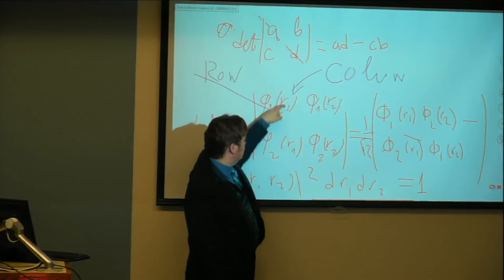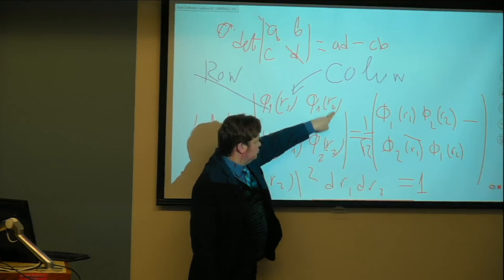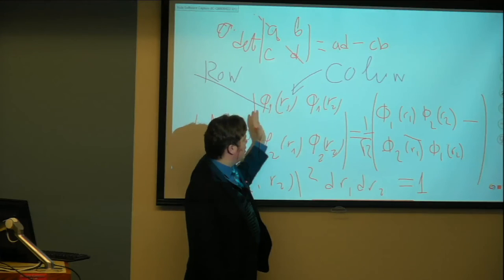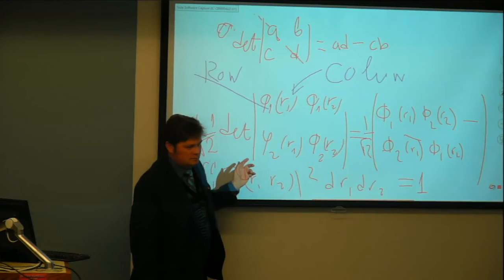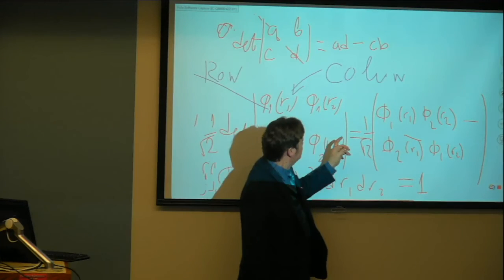The first electron, column 1, r1. Second electron, column 2, r2. And now let's apply the rule of the determinant. Row by column.